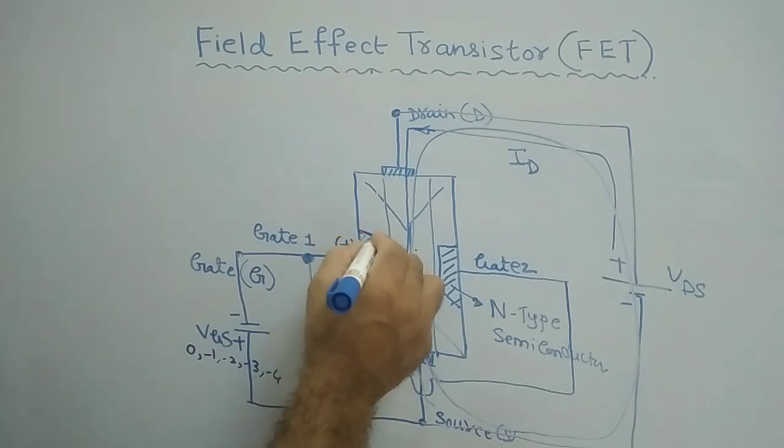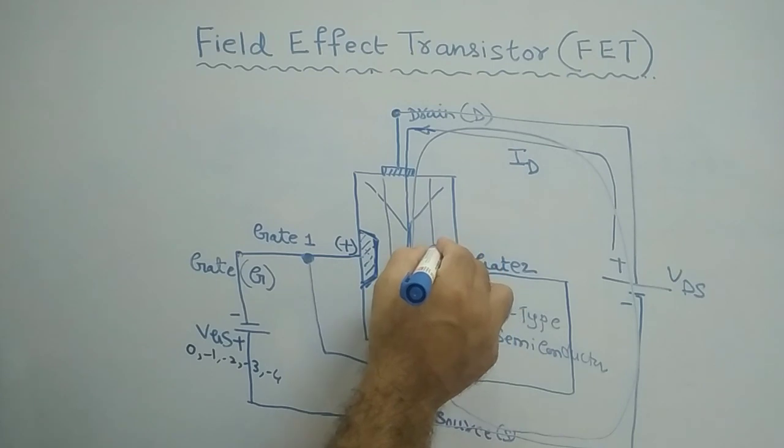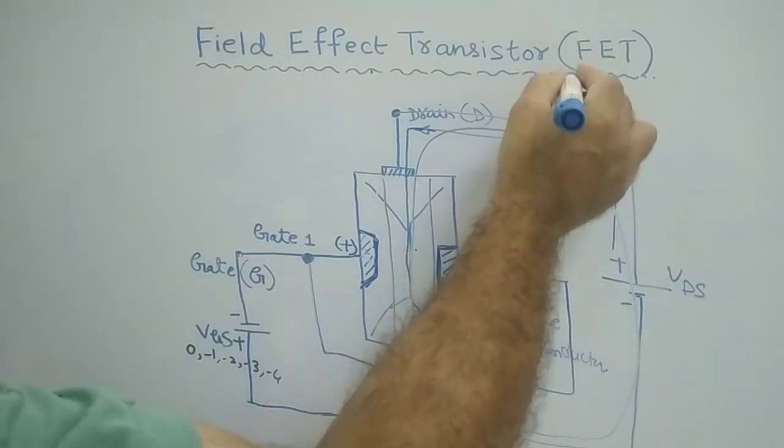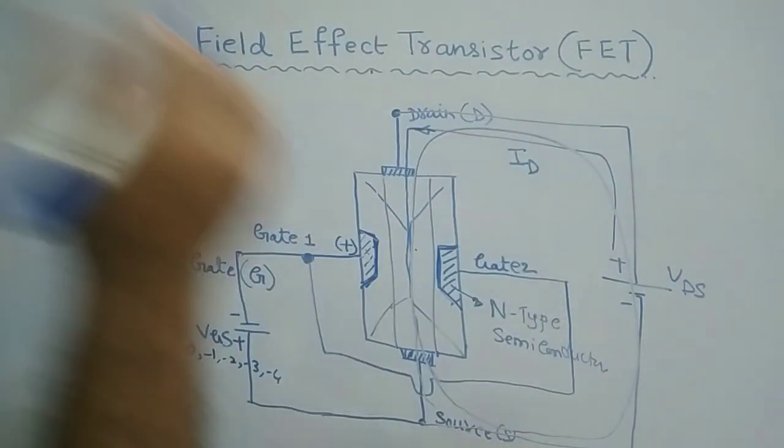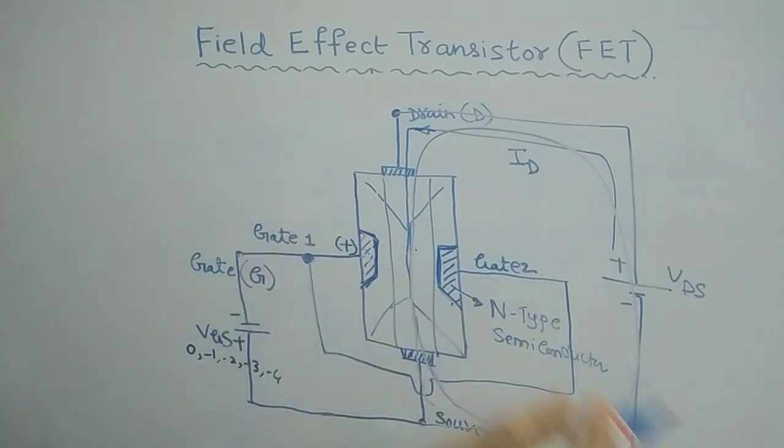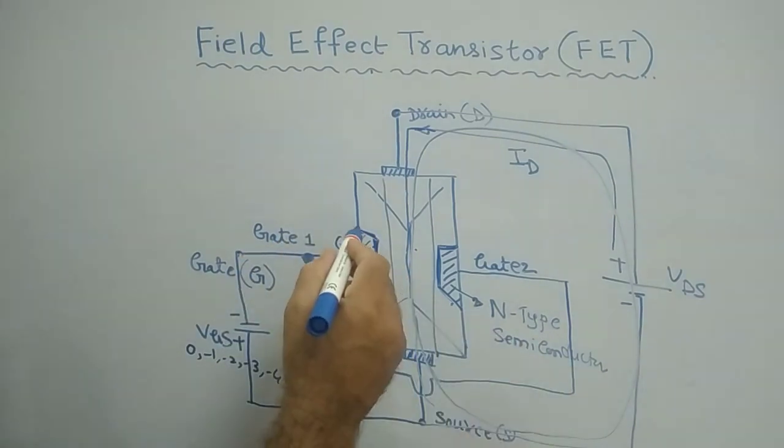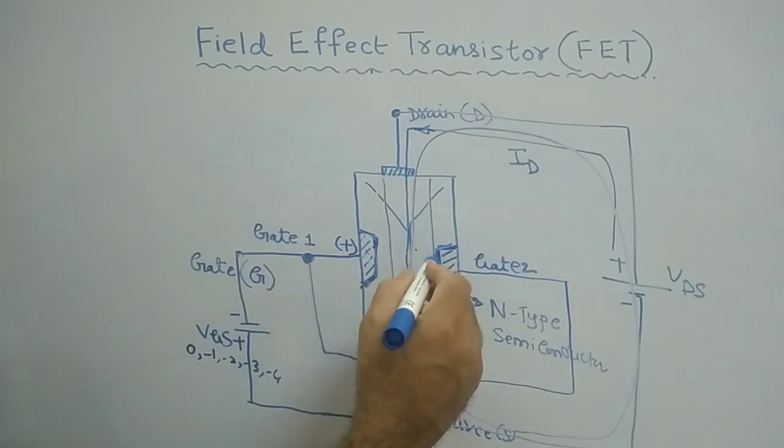This is also a junction, and that is why it is called a junction field effect transistor. It is like a PN junction diode, right? So this portion indicates the junction.